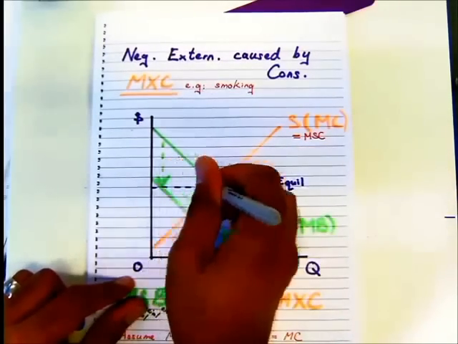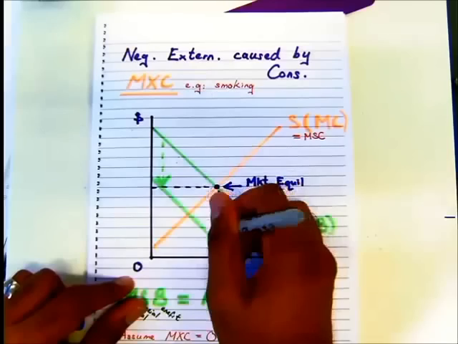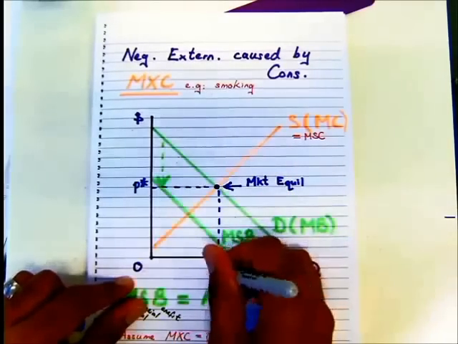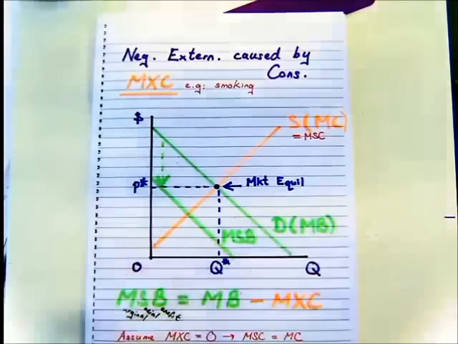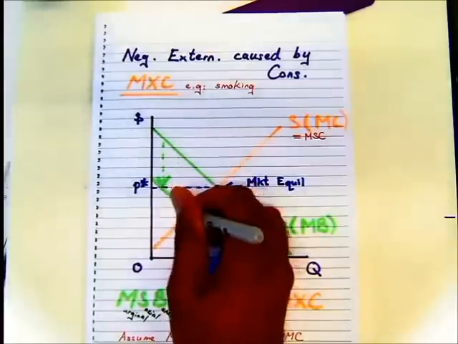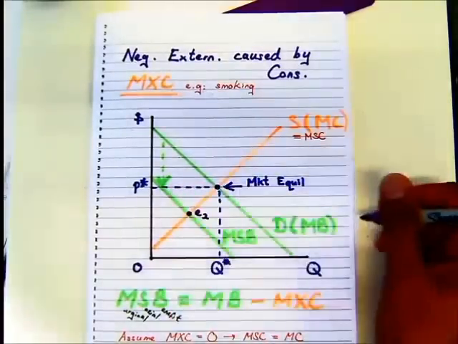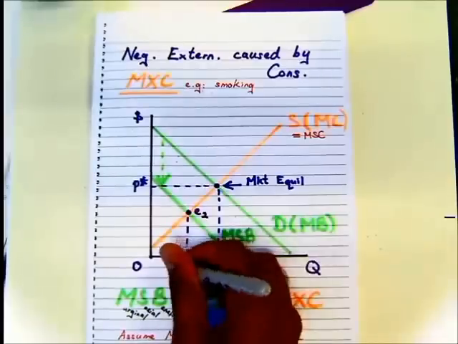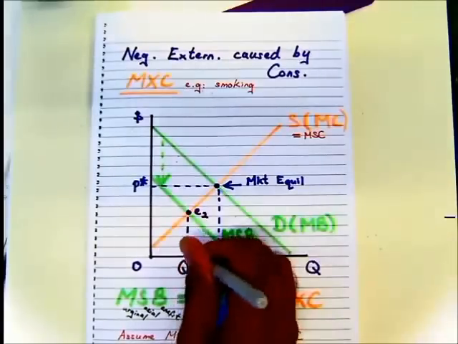The firm is charging P star, and the firm is producing Q star. Whereas what they should be doing is actually producing here at E2. They should actually be producing much less.